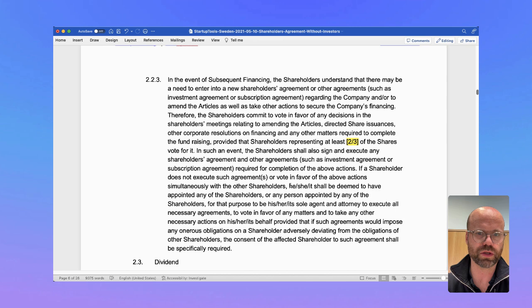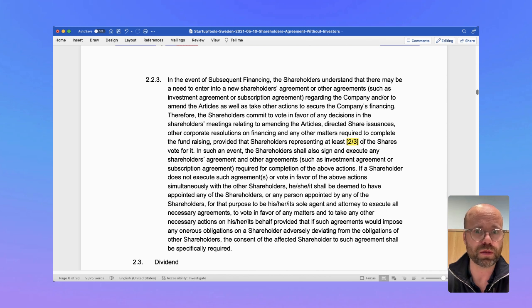Here there's a long clause, and I would be a bit hesitant about this if I were to sign this agreement. It basically says that if shareholders representing at least 2/3, here in yellow, of the shares vote to do a financing round and bring in investors, for instance, everyone will have to sign the new shareholders agreement and the investment agreement associated with that financing.